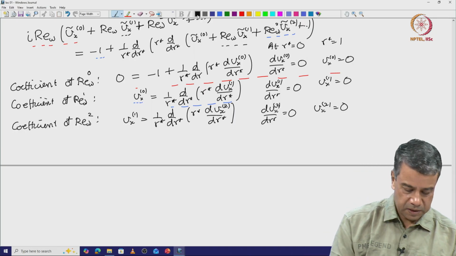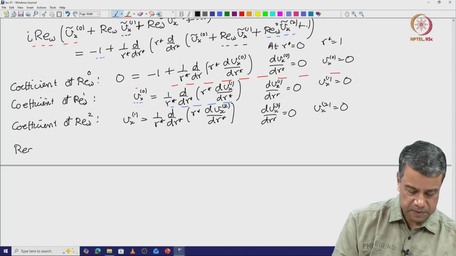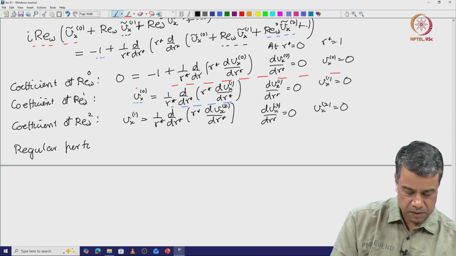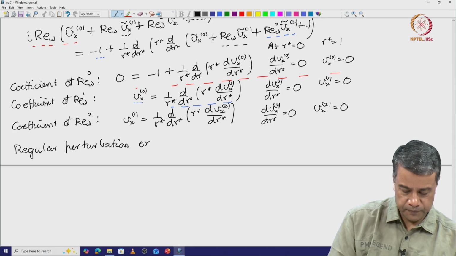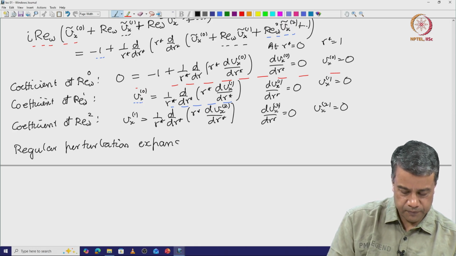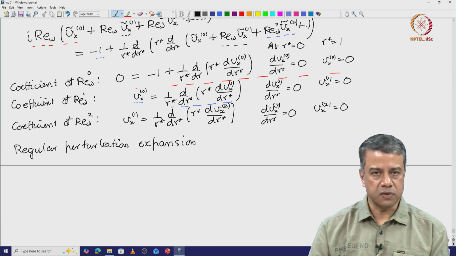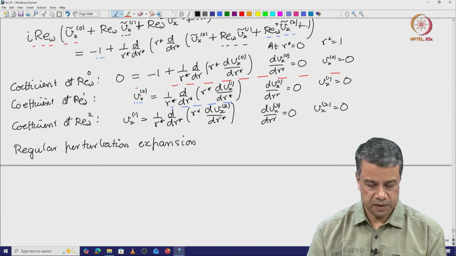This goes by the name of a regular perturbation expansion.